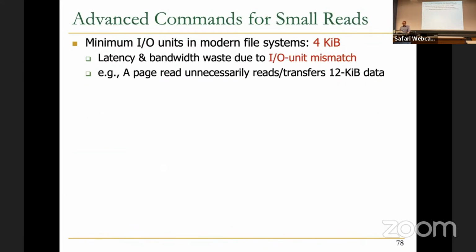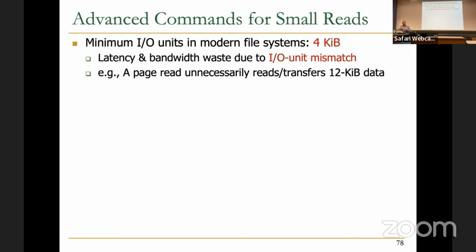So now I want to very quickly talk about some of these optimizations. One of them is what we do for small reads. The minimum I/O unit in modern file systems is 4 kilobytes. But the page size in most SSDs today, like capacity-optimized or cost-optimized SSDs, is 16 kilobytes.